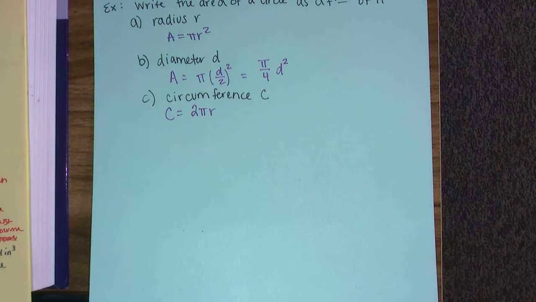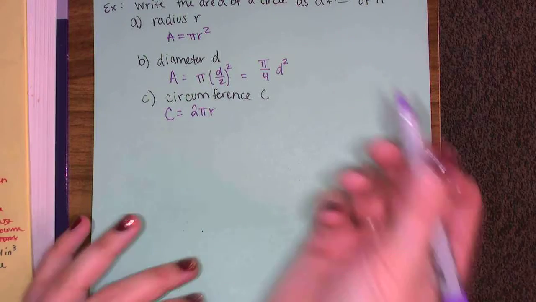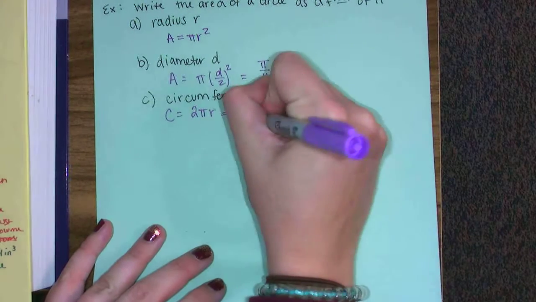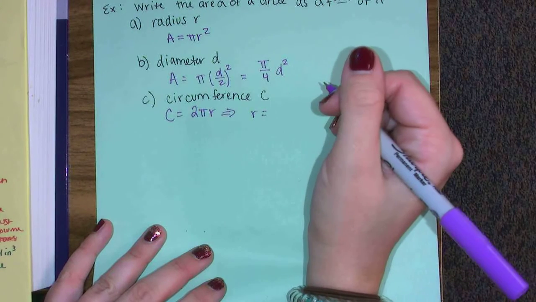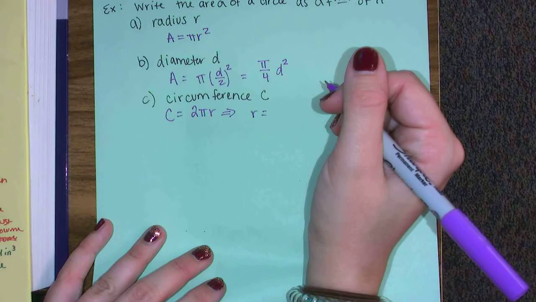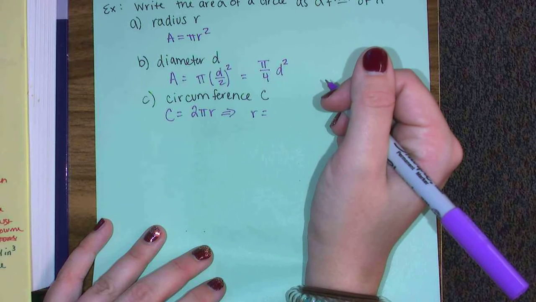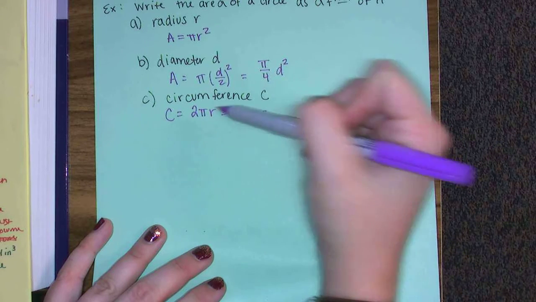Okay, doesn't matter what order it's in, but I just always do 2 pi r because you always want the numbers in front. So then we need to solve for r. So if we solve for r, what do we get? I'm solving for r here in this equation.